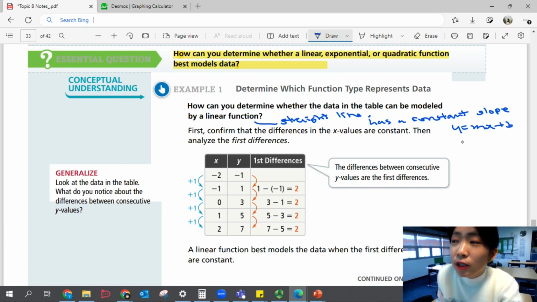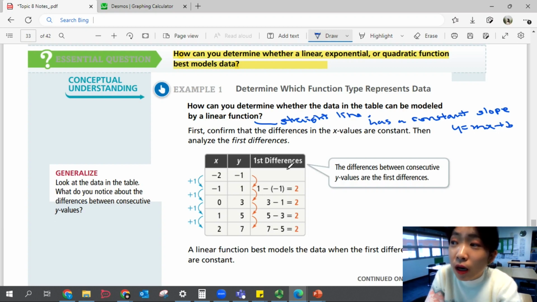So first, we wanted to see the data. So the data in the table says -2, -1, -1, 0, 3. We want to see the differences between the x values and the y values to figure out the slope. See if they are constant, right? All the values for x are added by 1, and every time the values for x are added by 1, the values for y increase by 2.